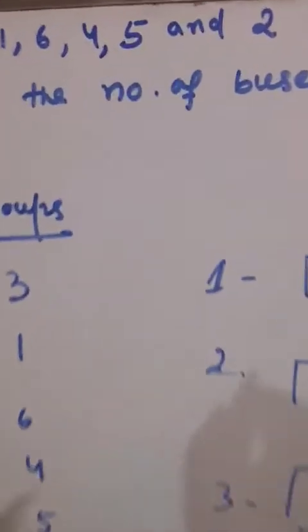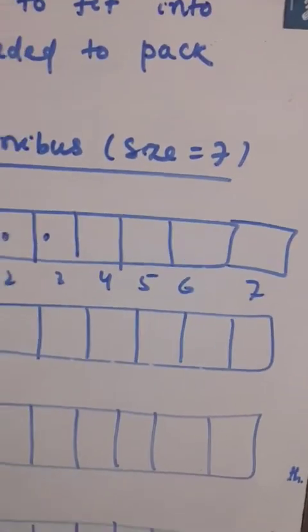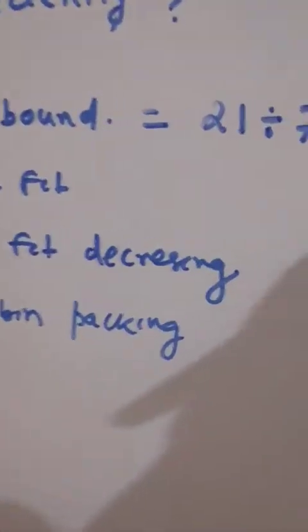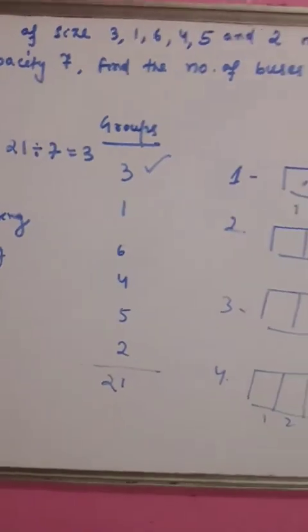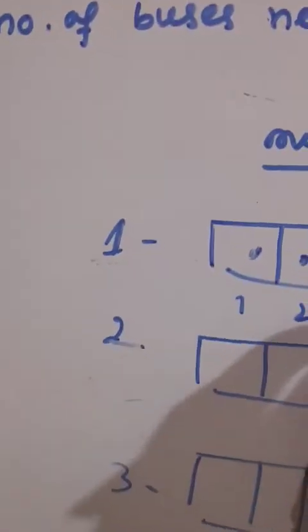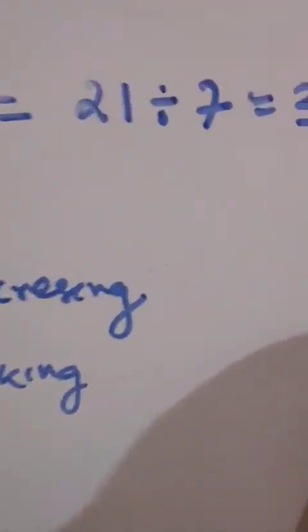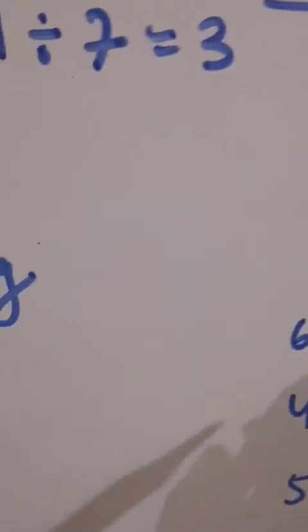In the first bus I accommodate the 3 students here, and 4 seats remain vacant. Next is 1, which fits in the first bus, so I allocate it here.